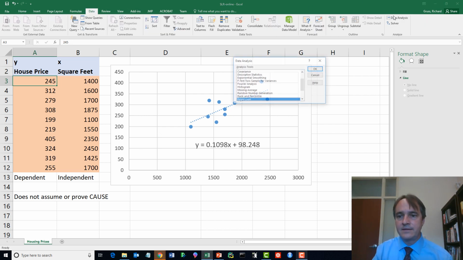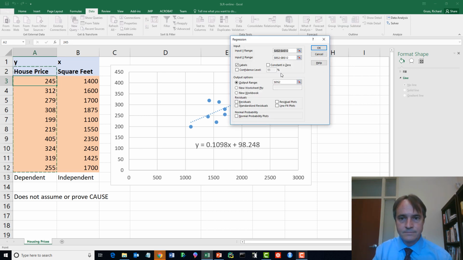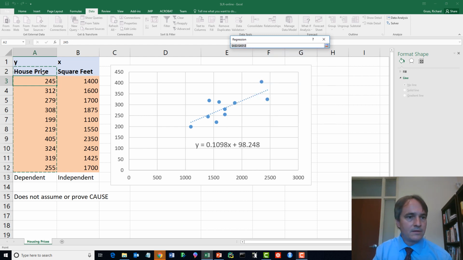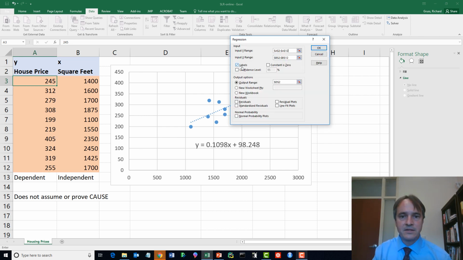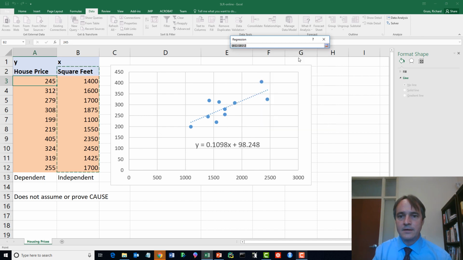Data Analysis, and regression is right here under rank and percentile, regression. Now you just select your Y range, and I'm going to go ahead and keep the labels because that will help me with the output. I just have to make sure that I click there for labels.